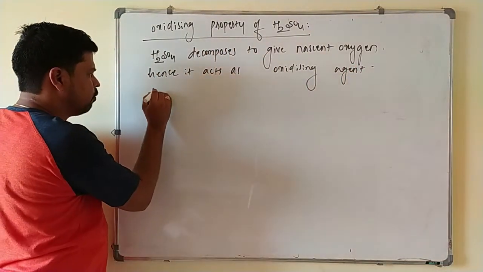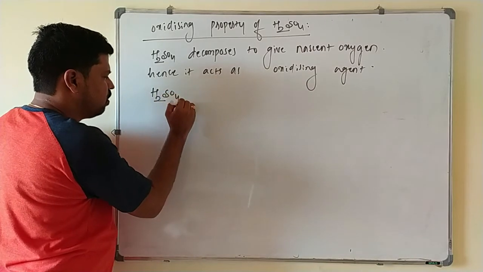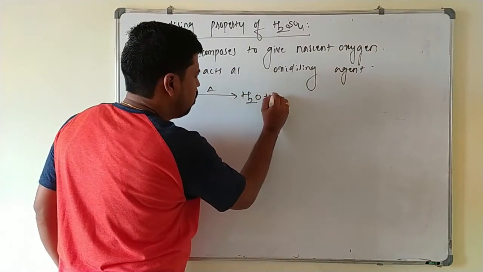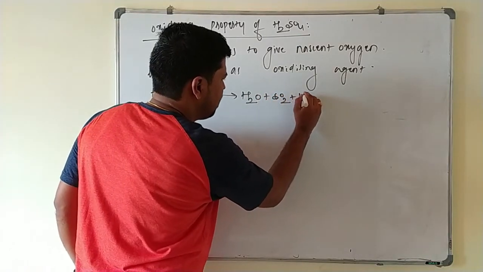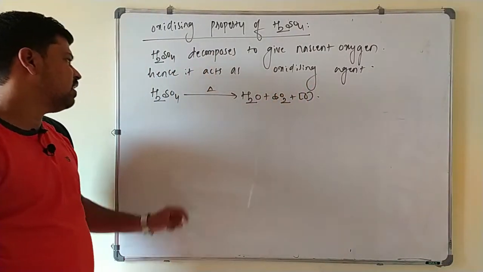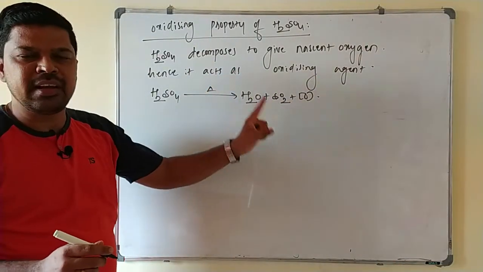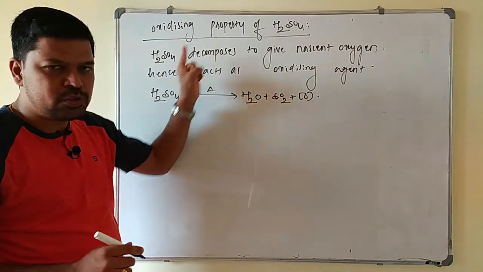Suppose this H2SO4 is heated, so on heating it decomposes to give one water molecule plus one SO2 plus one nascent oxygen. Since it is giving nascent oxygen, it acts as an oxidizing agent. It oxidizes both metals as well as non-metals, and it is reduced to what?